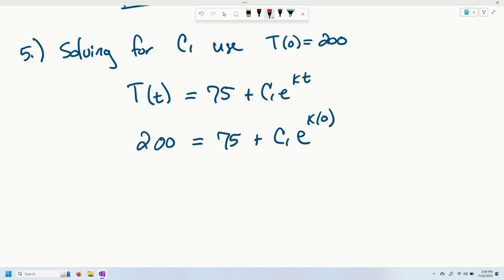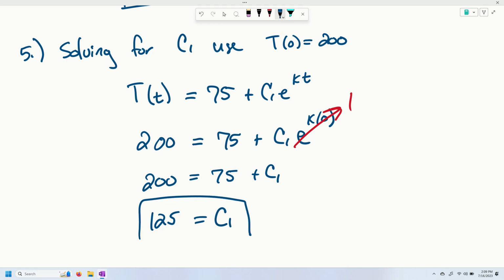We know e to the k times 0 is e to the 0, so this whole thing goes to 1. So really, what we're left with here is 200 equals 75 plus c1, which gives us c1 equal to 125.